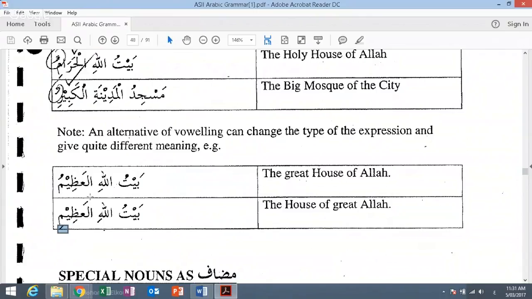So then you have to say al-azimi. Basically fi baitillahi al-azim means I mean great Allah. So according to my intention or my expression, what I'm going to express here, you will understand.